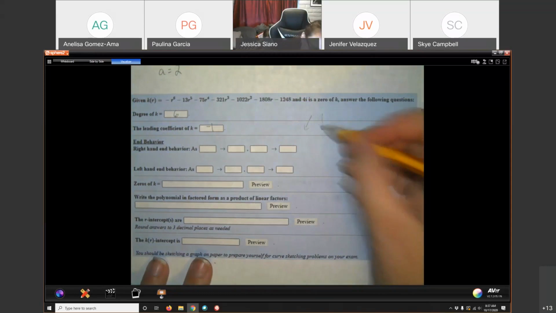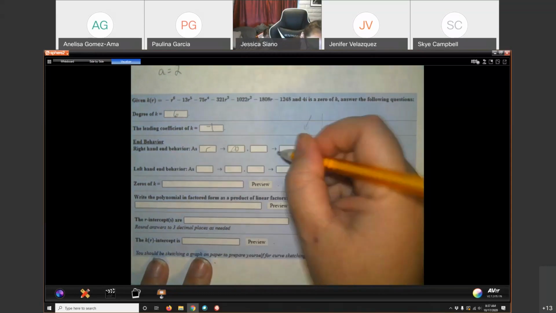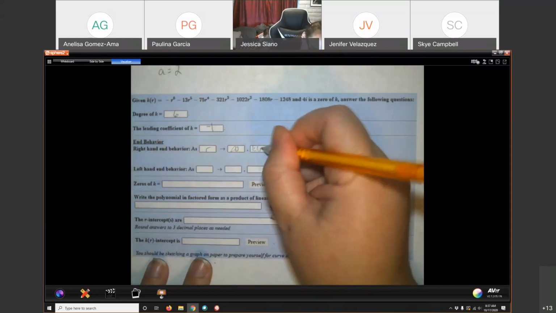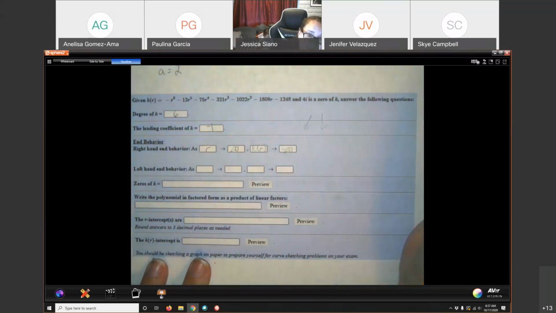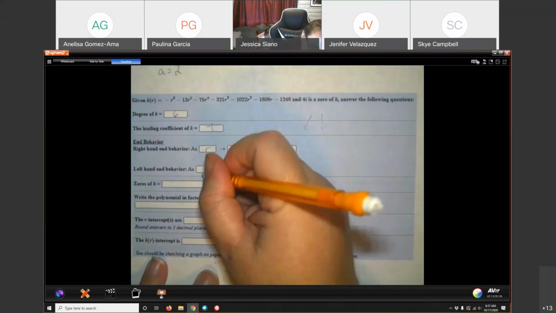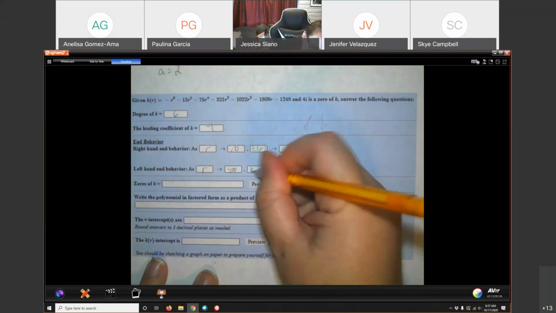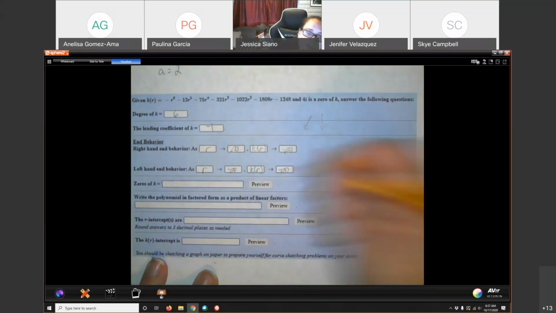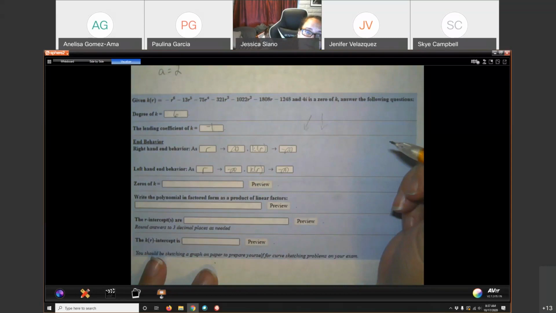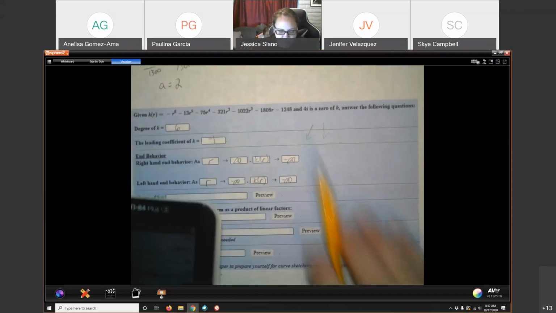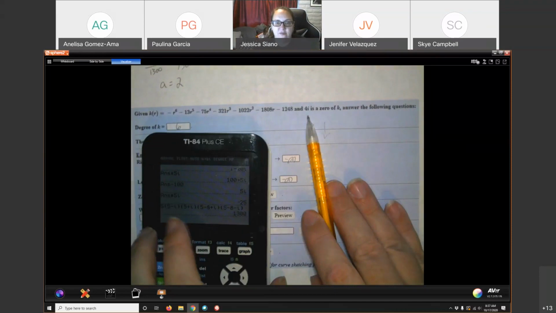As x goes to the right, k of x goes down, and as x goes to the left, k of x also goes down. Write the factors. Just like before, I know they gave me 4i, which means I also know negative 4i.